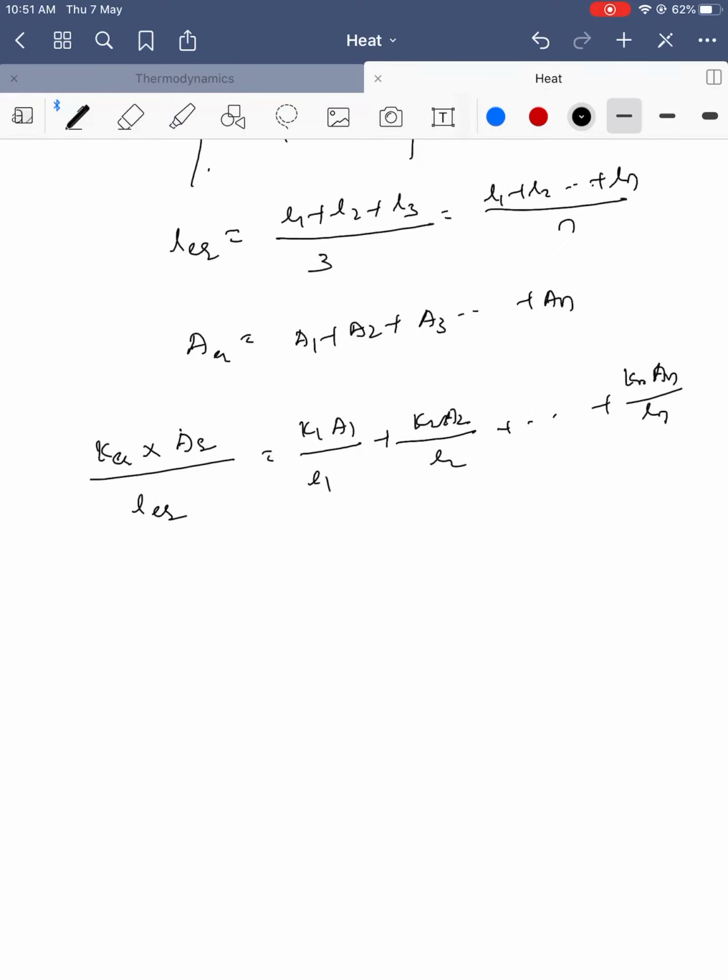Now we are substituting the values. K equivalent will be, if we send L equivalent by A equivalent across, K1 A1 by L1 plus and so on up to Kn An by Ln.